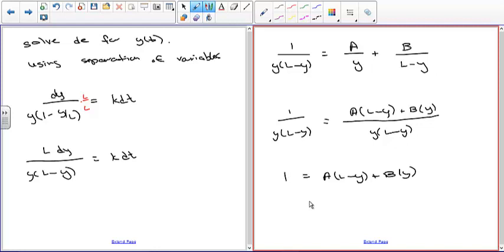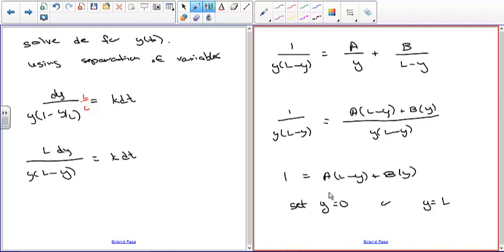And then you can set y equal to any value to solve for a and b. There are two choices. You can let y equal 0, or you can set y equal to L. And the reason you choose those is because if I let y equal 0, that makes b disappear, and all I have is a left to solve for.